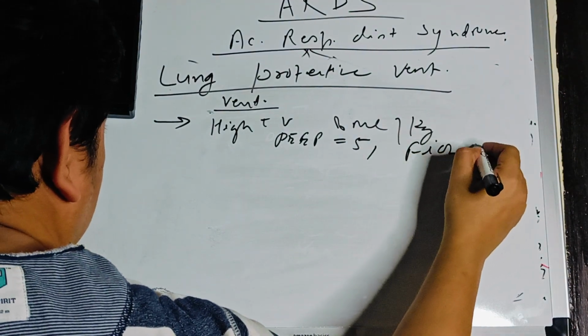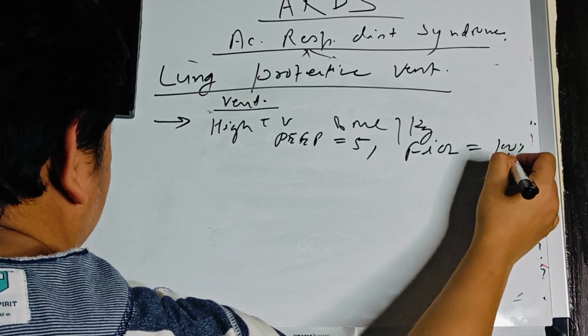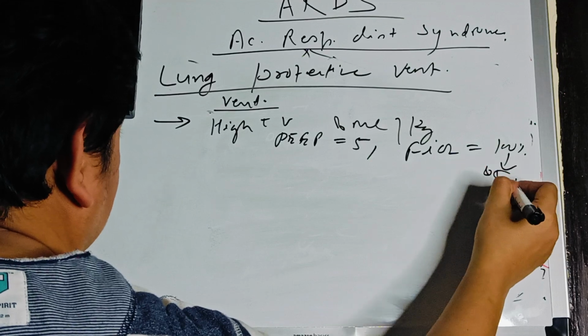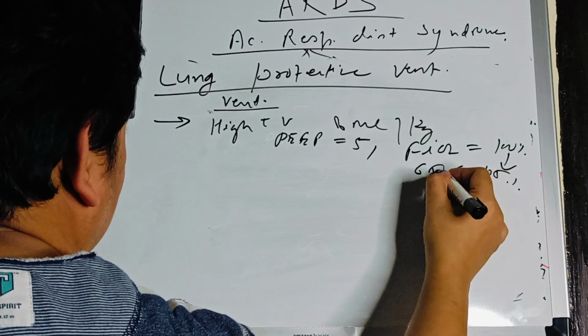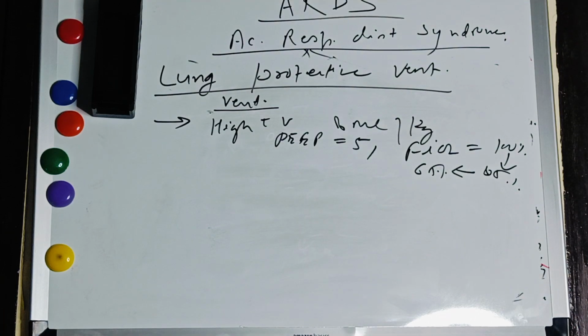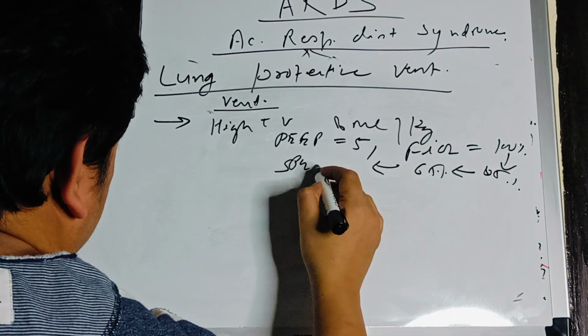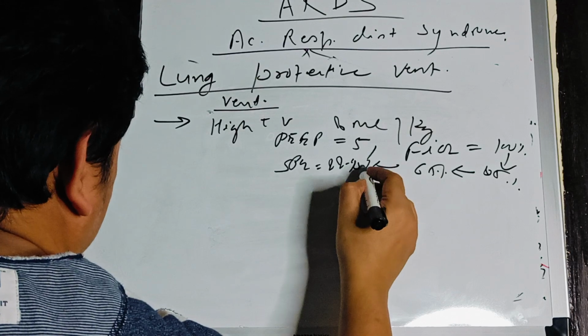We will start with 100%, but gradually decrease to 85%, 60%, 65%, where it can satisfactorily maintain the SpO2 of 88 to 95%.